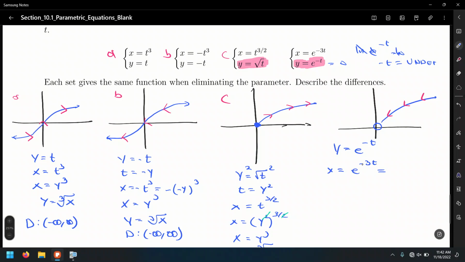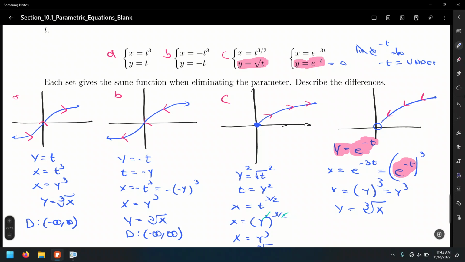Think of the result that we have on the exponent, e to the negative 3t. This is a multiplication, a product. That's the result of performing a multiplication, like e to the negative t raised to the third power, a power of another power. Isn't it the product of the powers? Well, y equals e to the negative t, replace it here. And x equals y cubed. And it's the same function, isn't it?